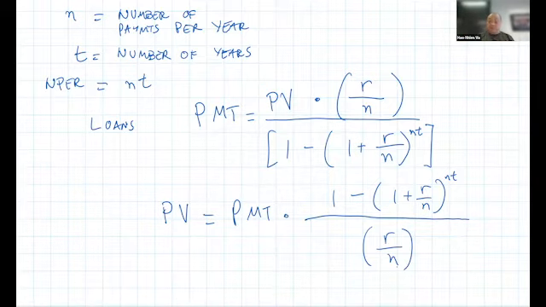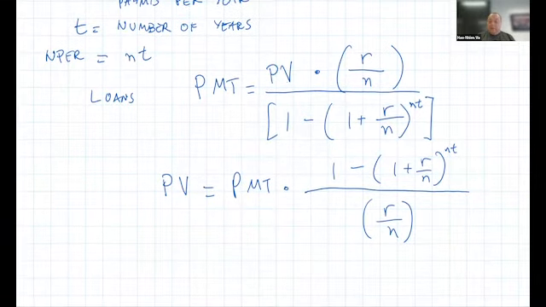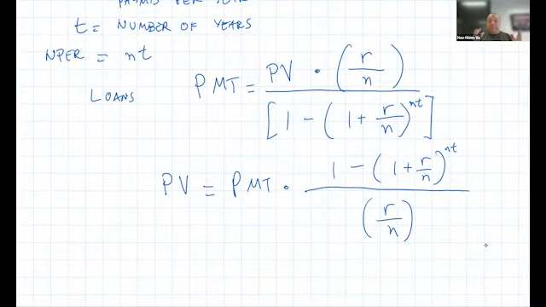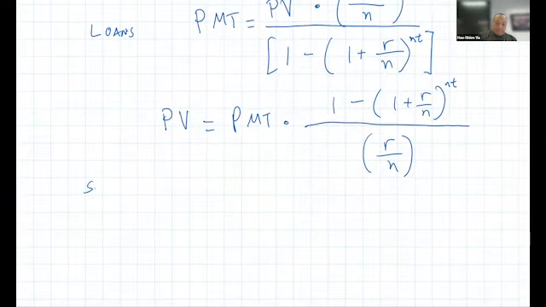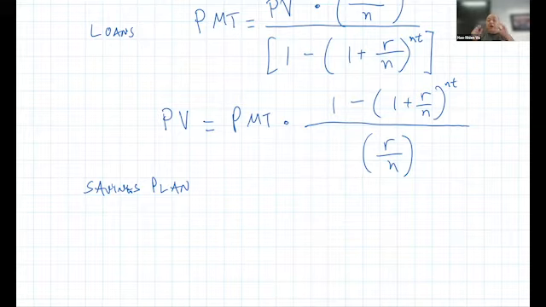That's a situation with a loan where you start with an amount and you want to end up with 0. With an investment plan, you start with 0 and you want to end up with a vast amount in the future. So for an investment plan or savings plan, what you're computing is the opposite of the loan.